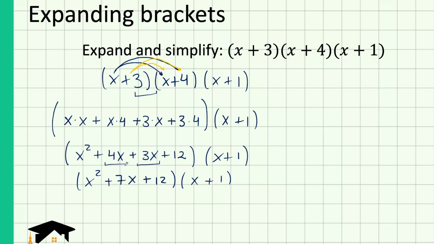So now again we have 2 brackets. And we will have to do distributive law. So let's start with x squared. We will do x squared times x plus x squared times 1, that is x squared.